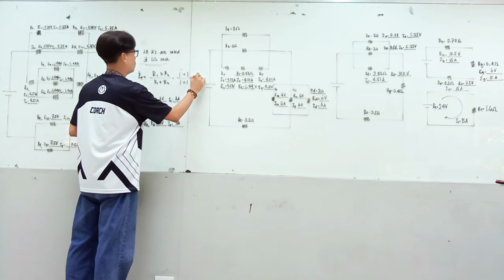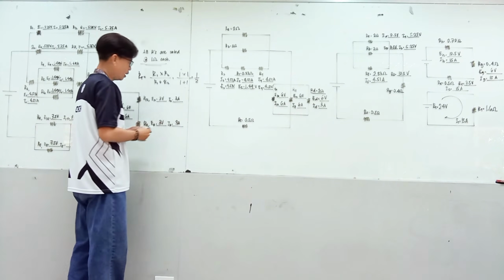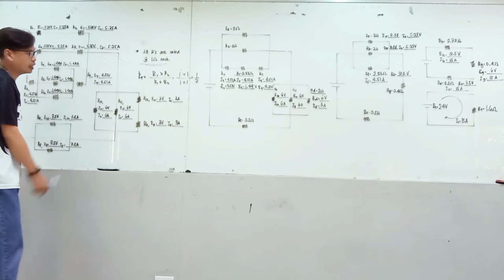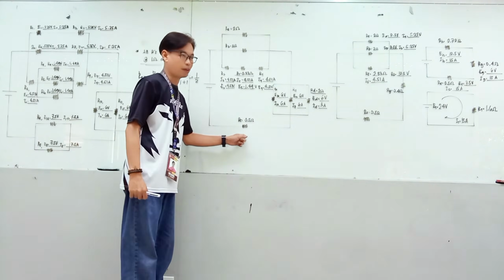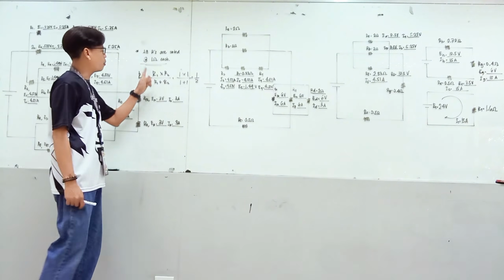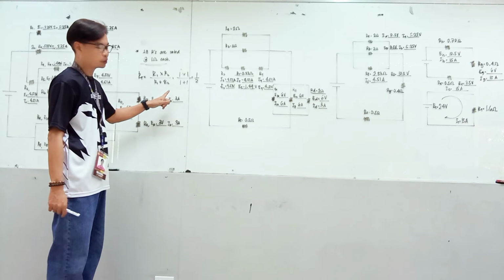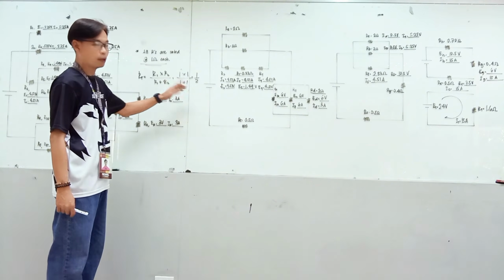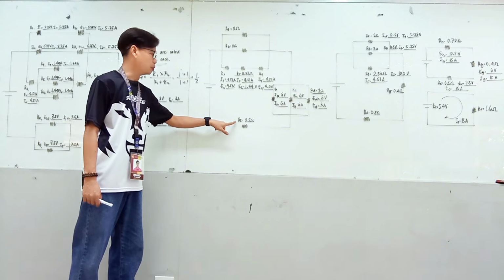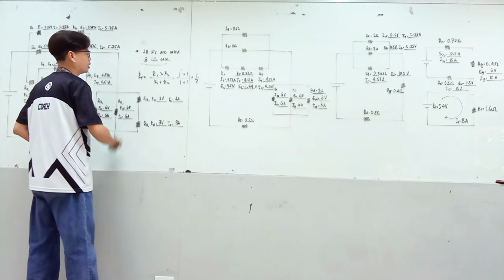So you have 1 over 2 or equal to 0.5. Okay? So your RE, when you combine them, is equal to 0.5. I repeat, for 2 resistors, your formula is R1 times R2 over R1 plus R2. So that is 1 times 1 divided by 1 plus 1. Okay? So that is 1/2 or 0.5 ohms. Okay, so we have no problem there.